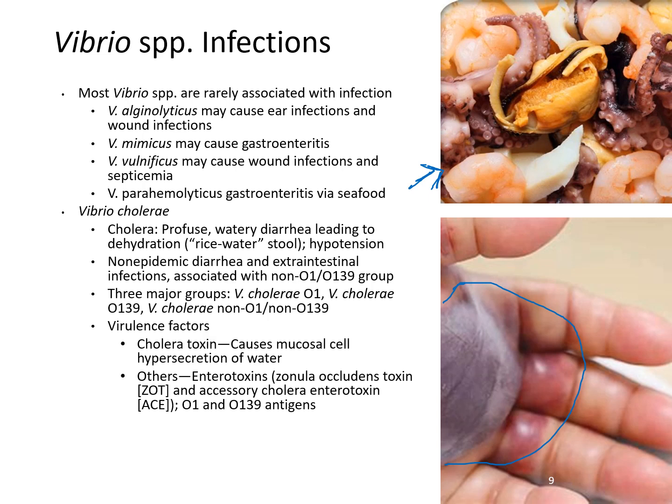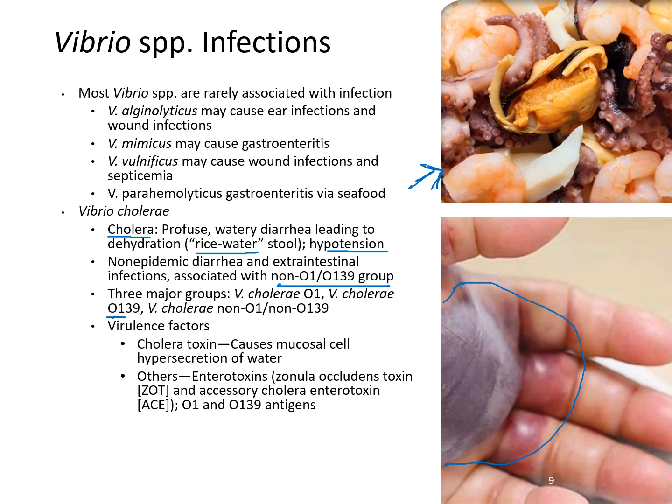Vibrio cholerae, this does produce cholera, which would be a profuse watery diarrhea that can cause dehydration. This is also known as rice water stools, and it can also cause hypotension. This is a non-epidemic diarrhea and extraintestinal infection that has been associated with a particular strain of this Vibrio. And there are 3 major groups, and they're all kind of divided out.